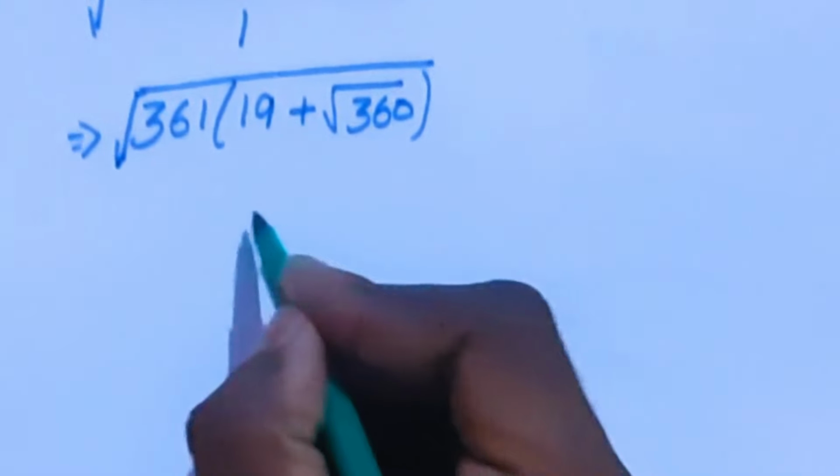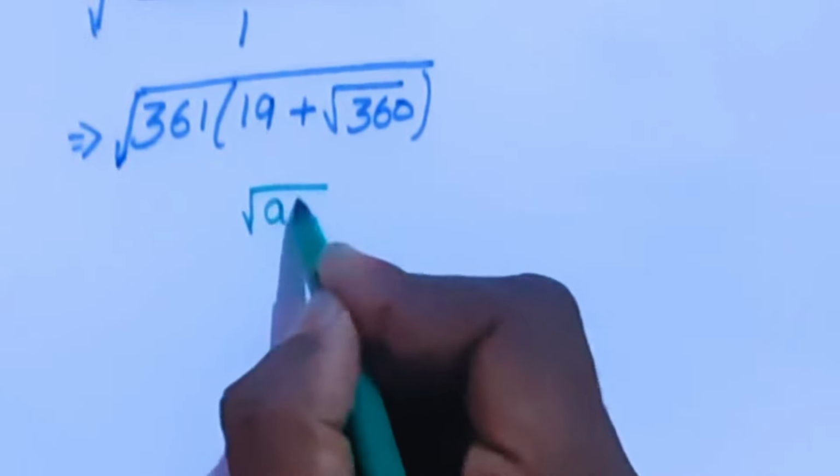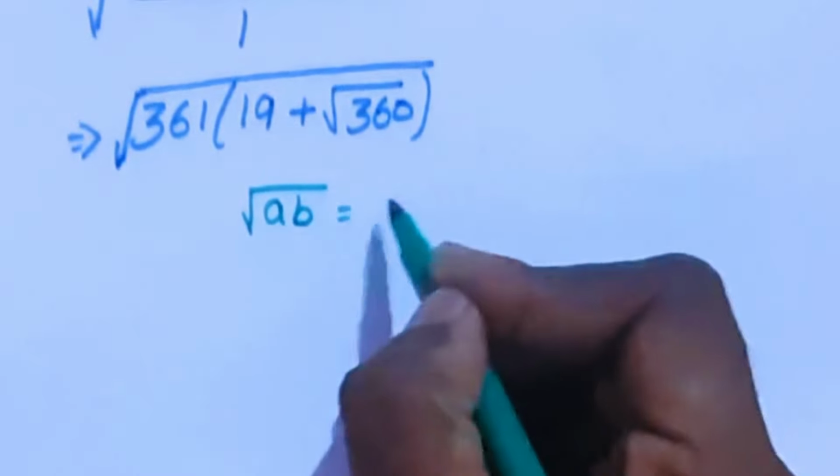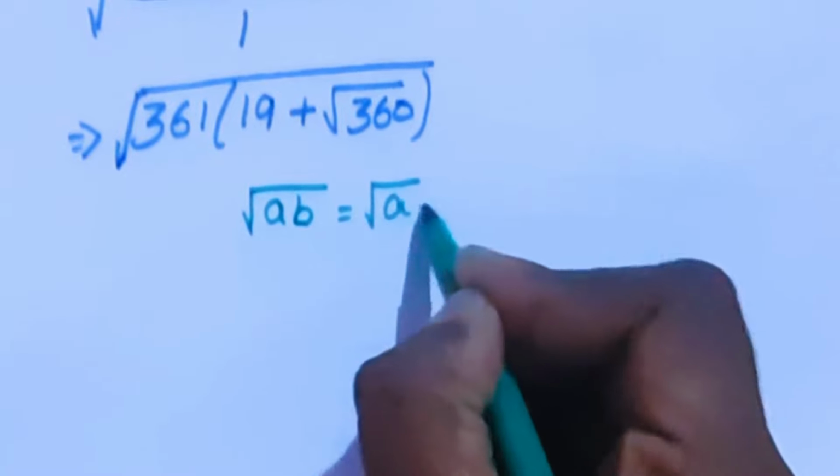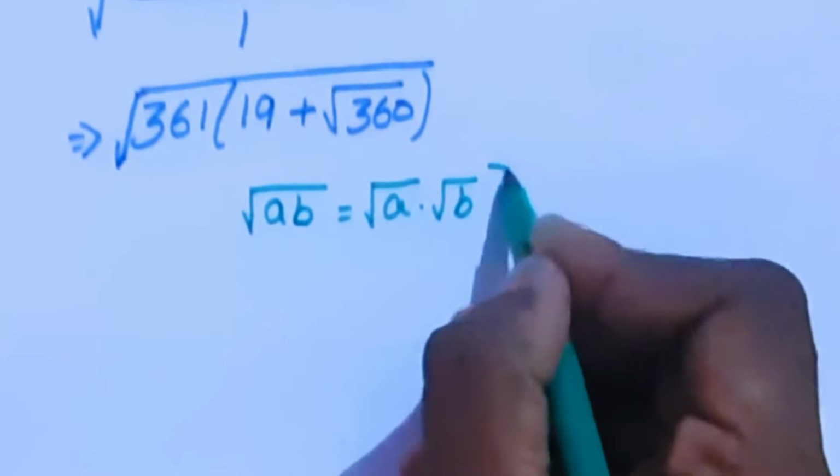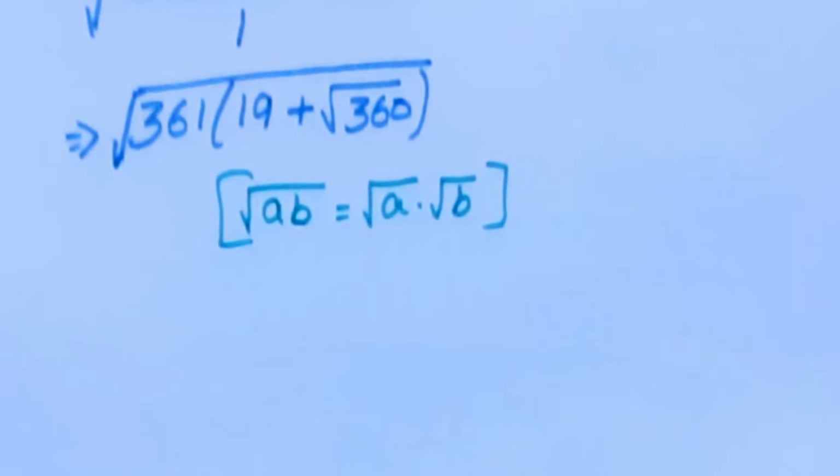Now we are going to apply this formula, that is square root of ab equal to square root of a times square root of b. This formula we are going to apply here.